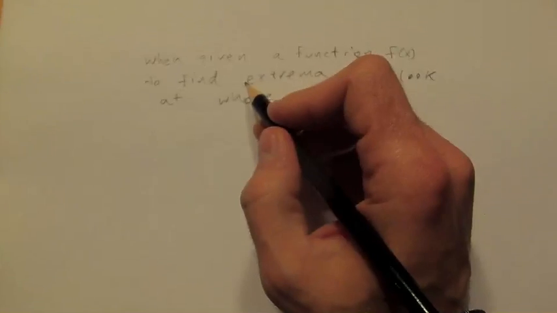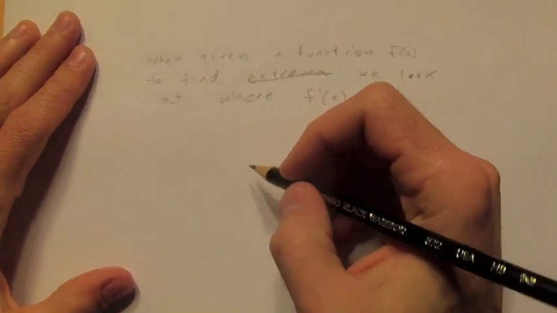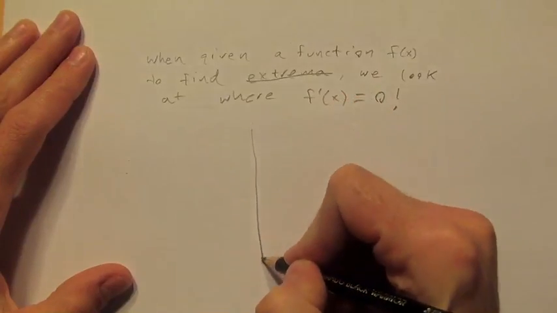And that's very true. If we want to maximize or optimize something, one good place to start is looking at where the derivative is equal to 0. But one thing we need to be really careful about is that we have some situations that might trip us up.